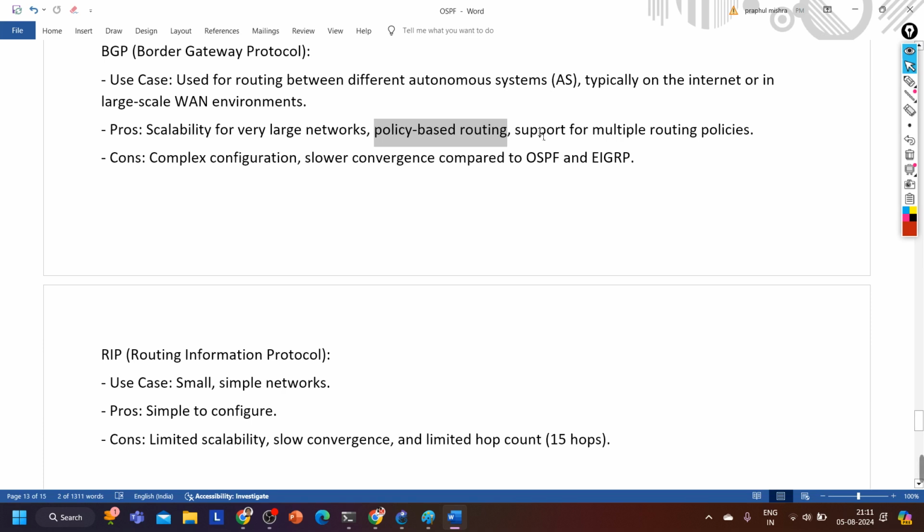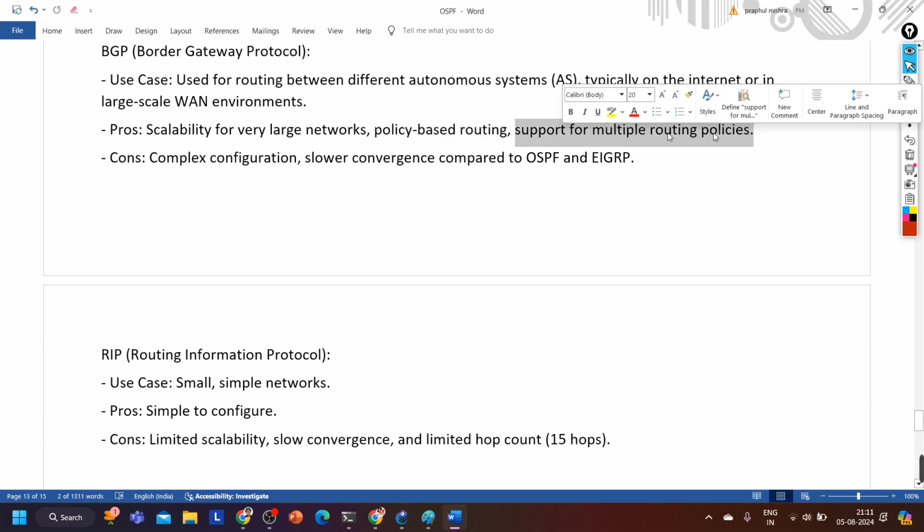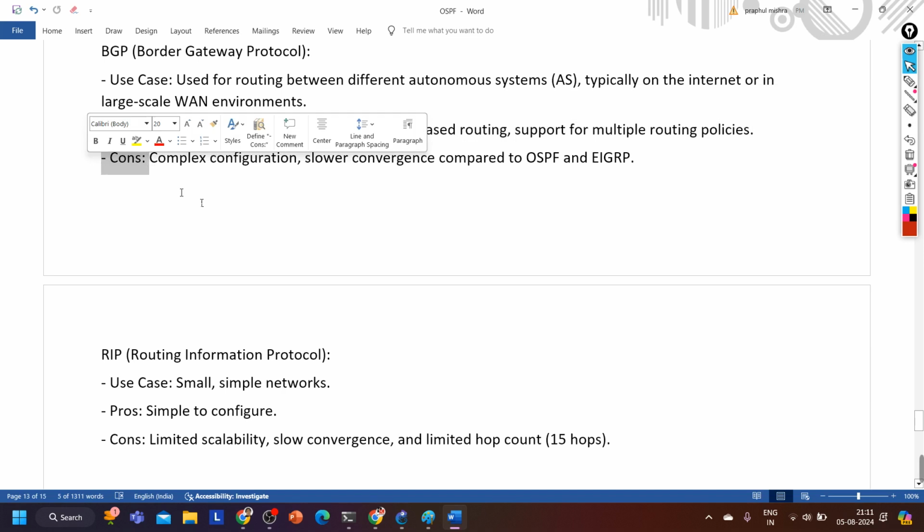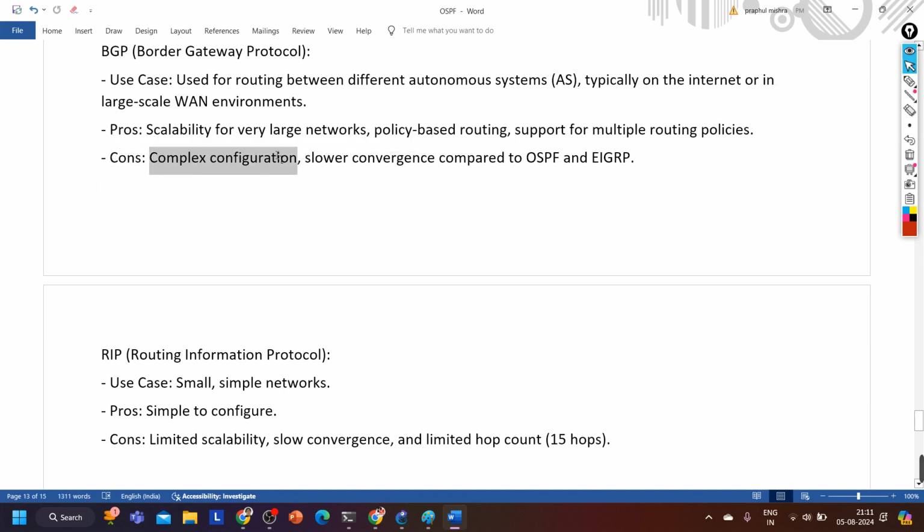Support for multiple routing policies. The disadvantages can be complex configuration, complex concepts, slower convergence. BGP is much slower than OSPF and EIGRP.